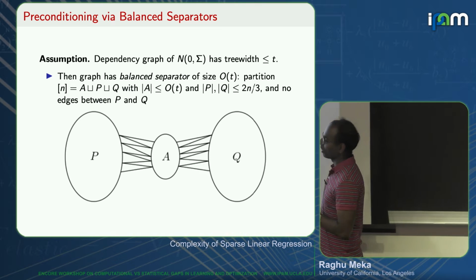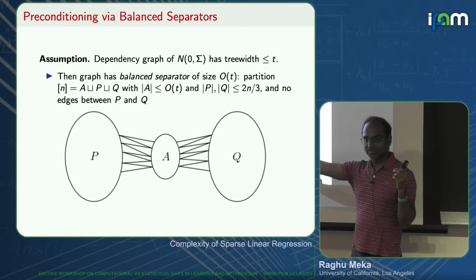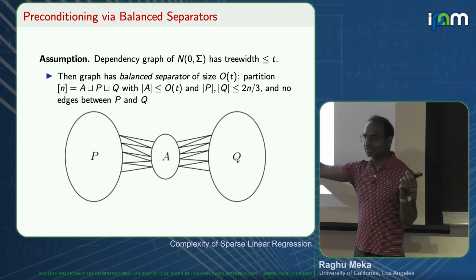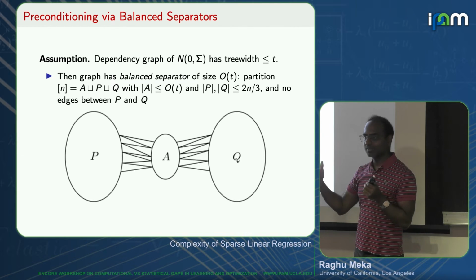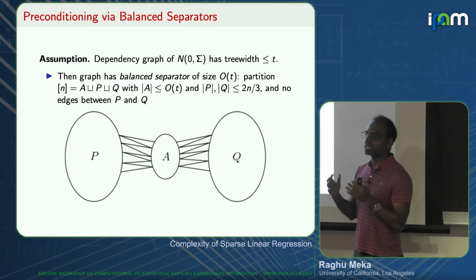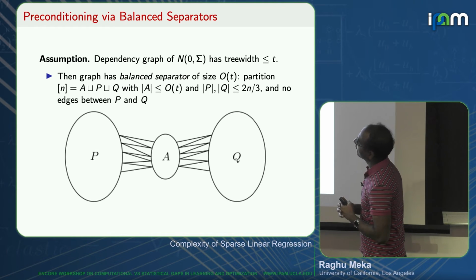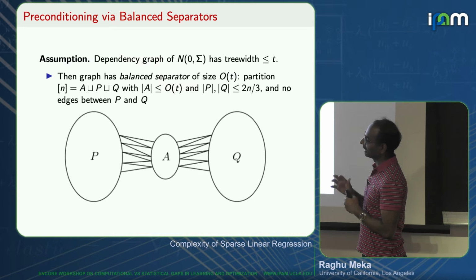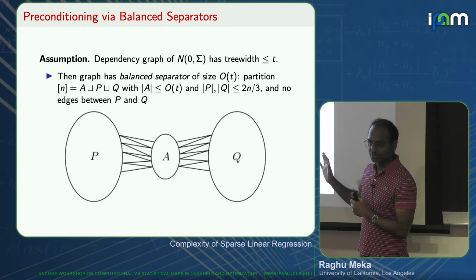And to generalize what we did for random walk, it was a path, right? Which is like, there are no cycles in it. A generalization of that is to say that your dependency graph is tree-like. If it is a tree, you can still do this. And more generally, as long as it has small tree width, which is a parameter from graph theory, then you can solve it. That's what we'll say.